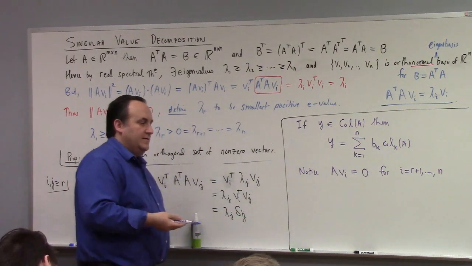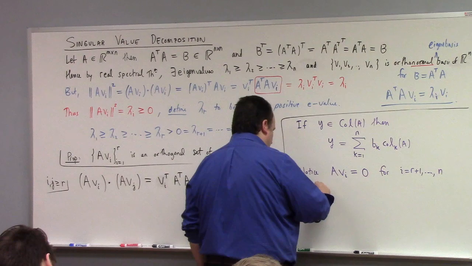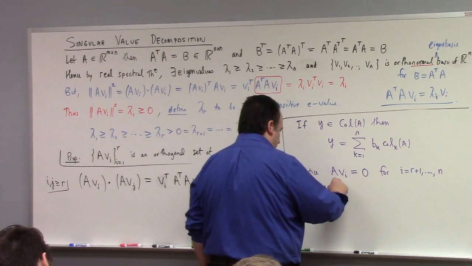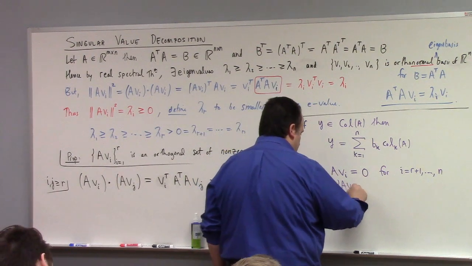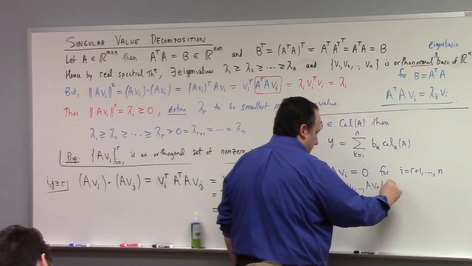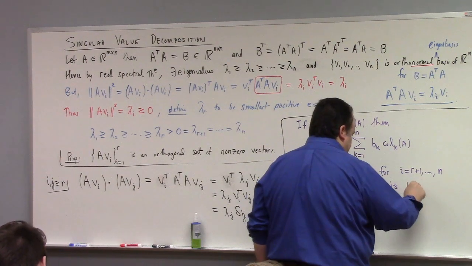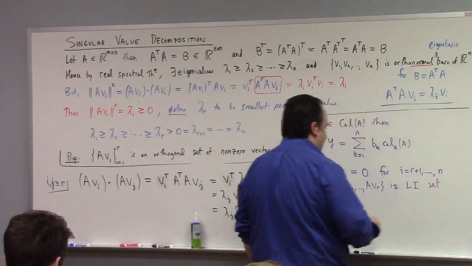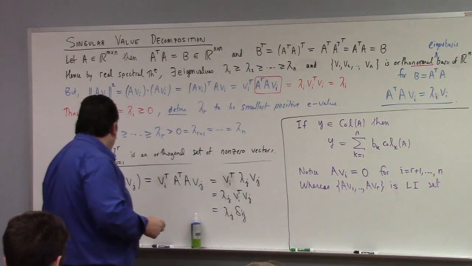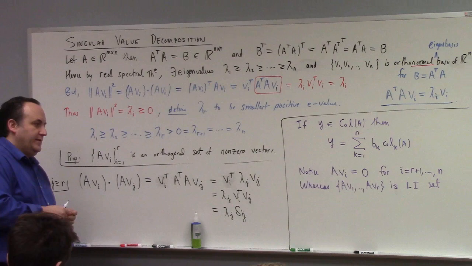What's that say? On the other hand, A v 1 through A v r is orthogonal, right? So this is actually a linearly independent set. Remember we had that if a set is orthogonal and non-zero, that implies linear independence.